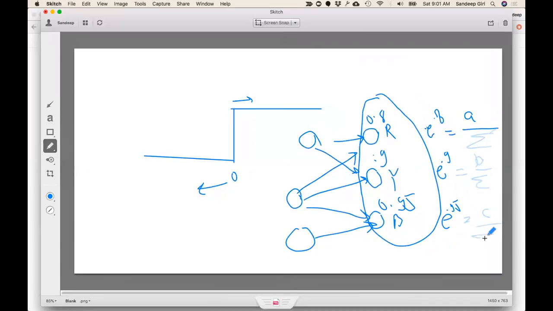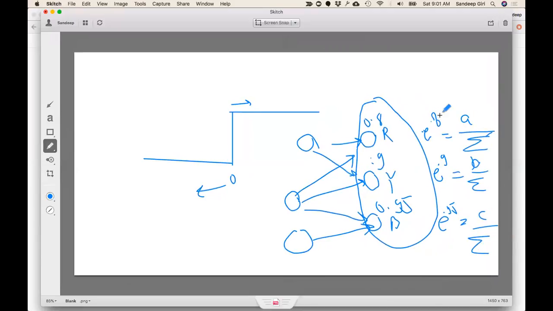This transformation is what softmax is. So we compute e to the power of all of these, and then e to the power 0.8 is divided by the summation of all of these.